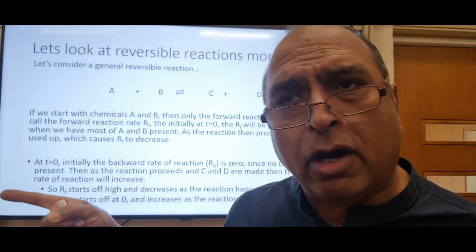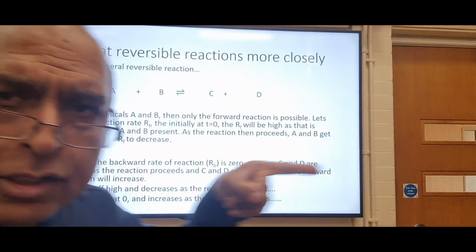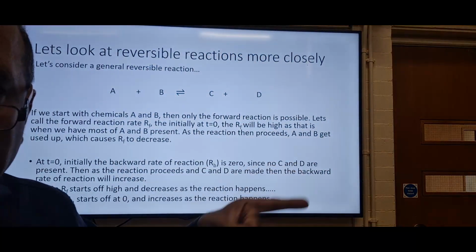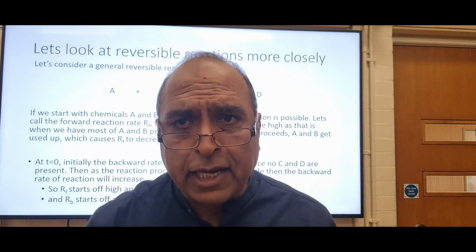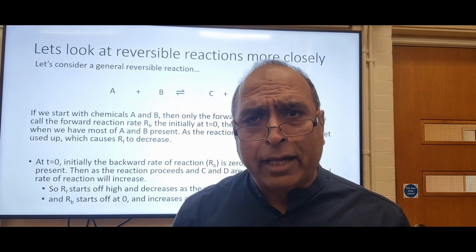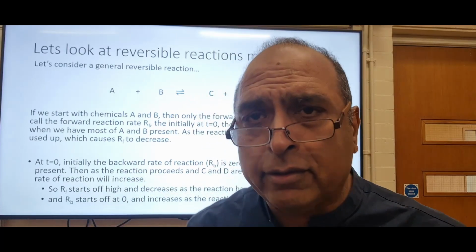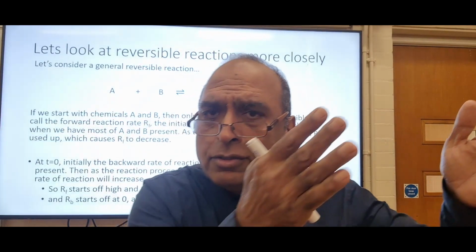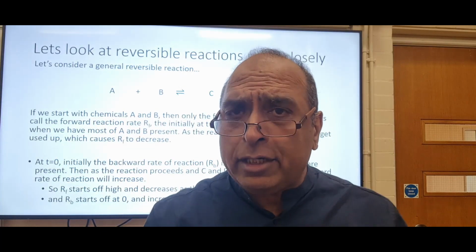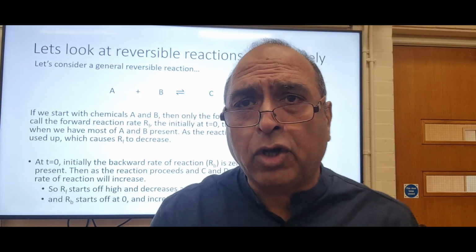But you have at the start got A and B. So there is a forward reaction that will take place, and that forward reaction will have a rate. Let's call it rate forward.